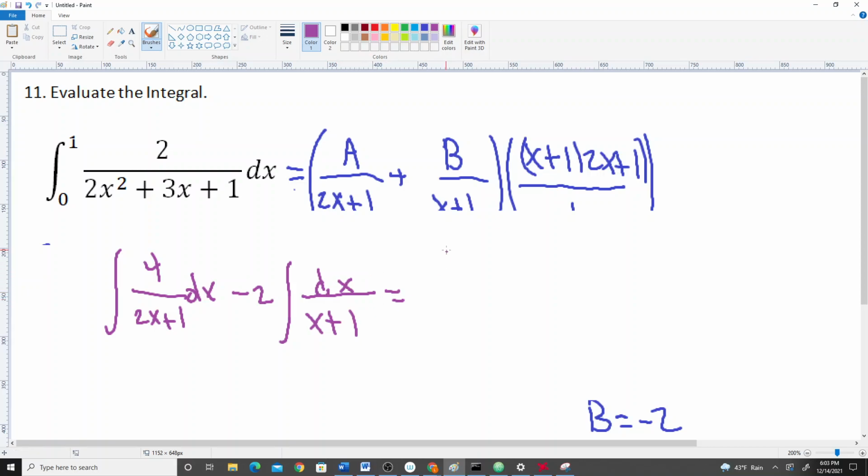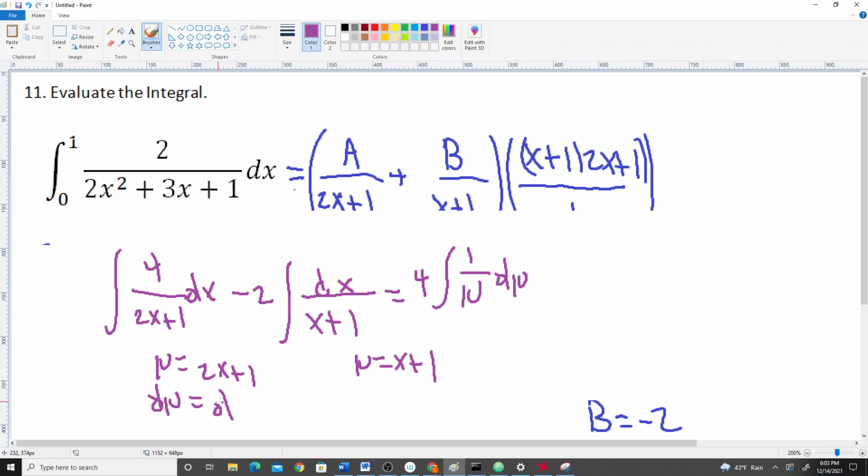We can use substitution to solve these ones. We can make u equal 2x plus 1 here, and u equal to x plus 1 here. So it becomes, the constant goes out front, and then we'll have 1 over u du. So we take du, the derivative, and we get 2 dx.